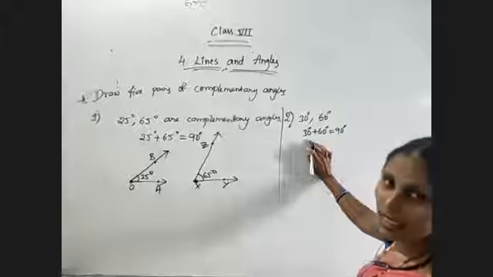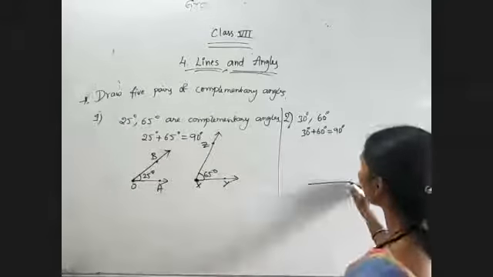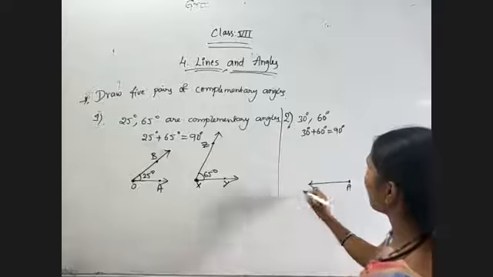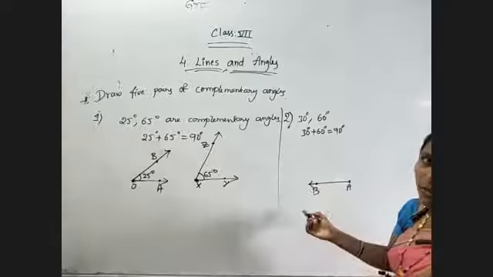Now I want to construct 30 degrees and 60 degrees. So now this side I am constructing. Here I am giving A, B. Use any alphabet we must.